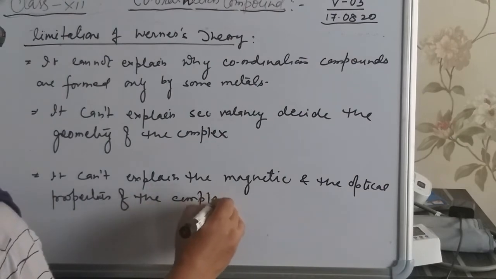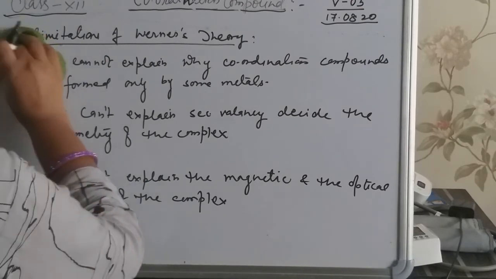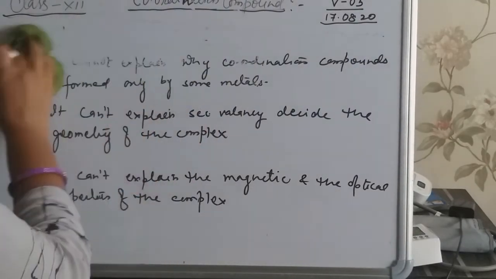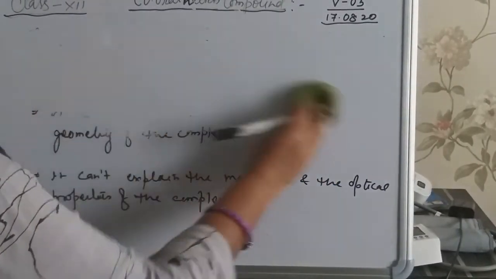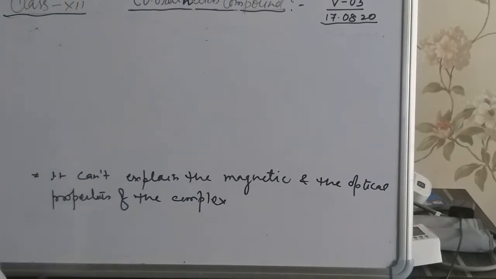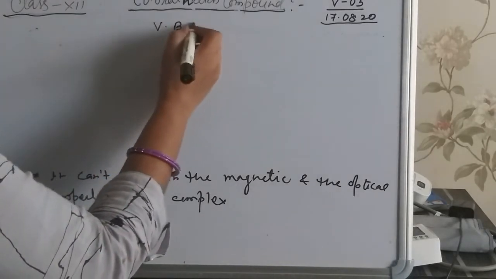These are the limitations of Werner's theory. Let's discuss the valence bond theory.